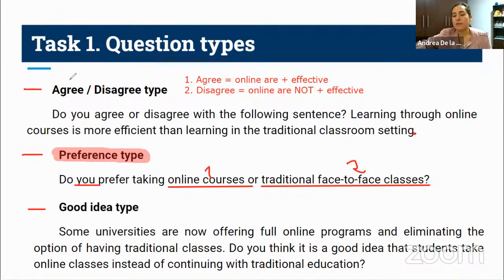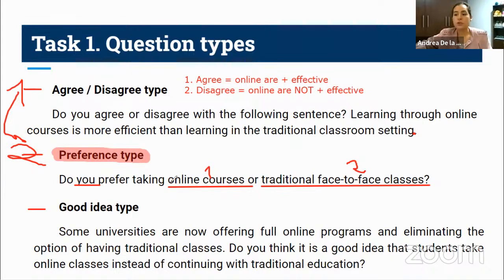At the end of the day, the first and the second are exactly the same, right? There's no difference. You either prefer online or you prefer traditional. So same thing here. You have to choose one, completely support that option. You completely prefer online courses over traditional, or you completely prefer traditional over online.